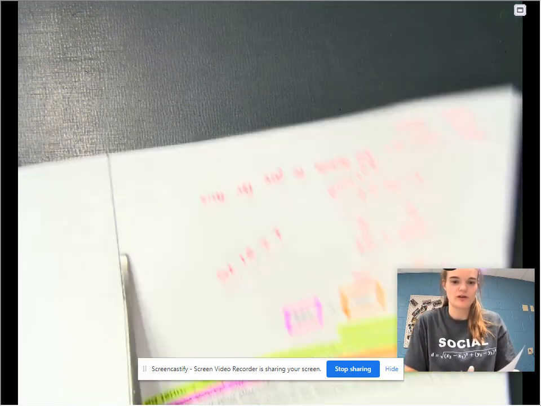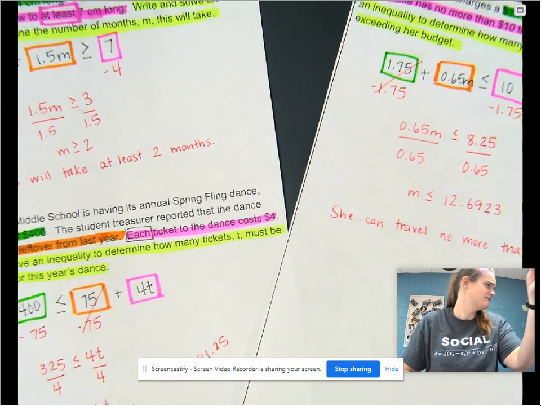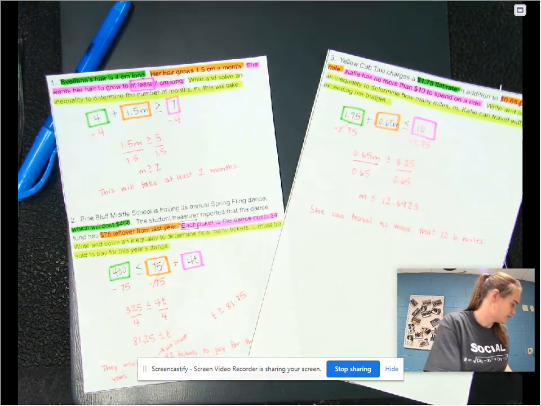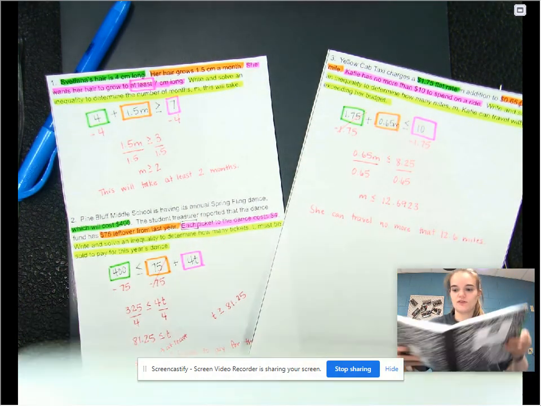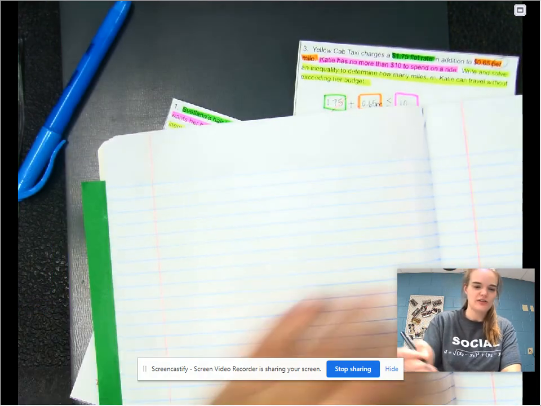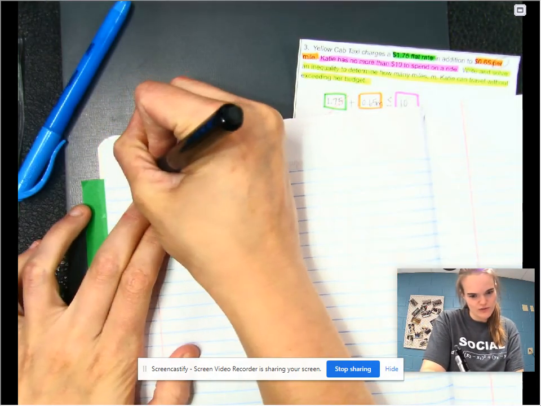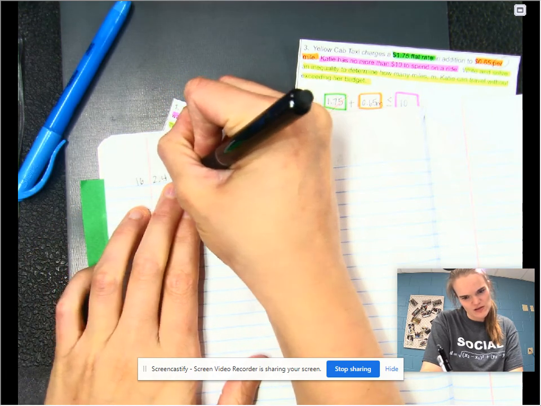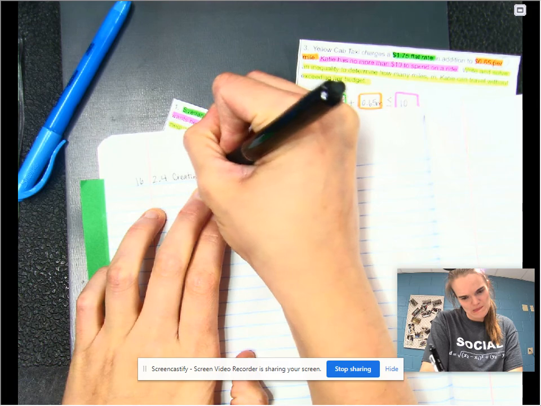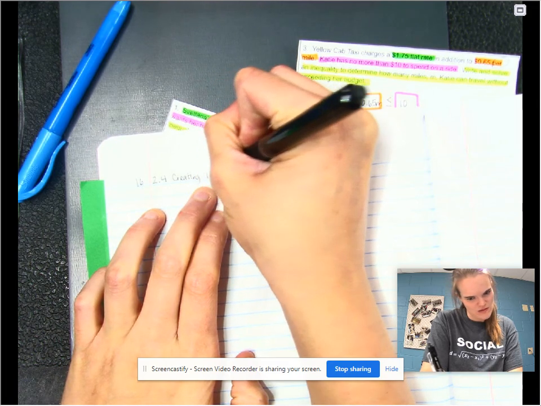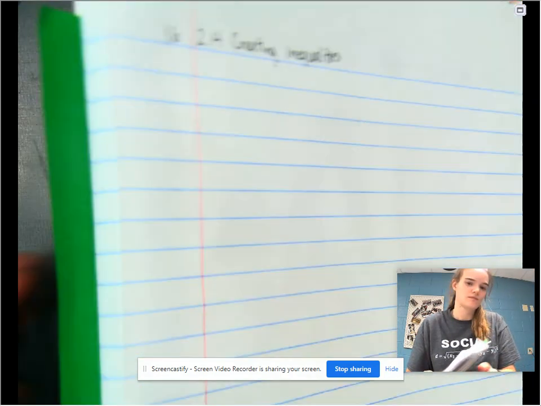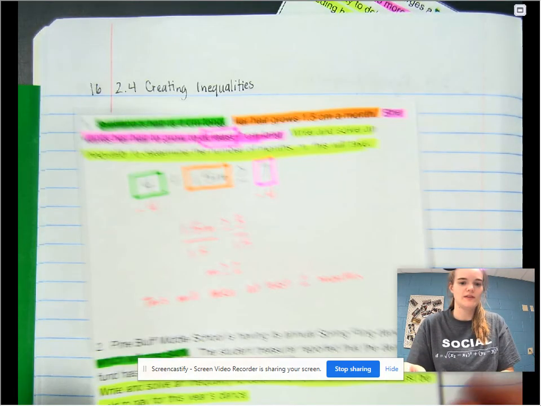Once you cut out the extra space, here's what you got. We're gluing this one on page 16, this one on 17. And I'm labeling 16 and 17. So 16, 2.4, creating inequalities. Glue in this one right there.